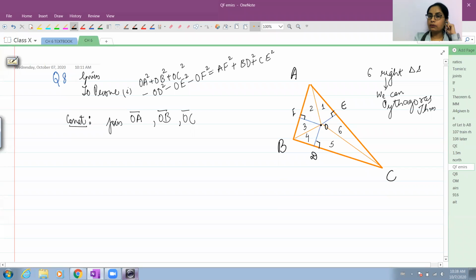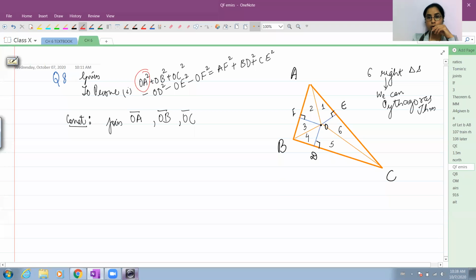So looking at the values which are used in the first part, identify the triangles that you would like to use. I'll give you a clue here. If you look at the triangles in which OA is a part, there are 2 triangles. One is triangle number 1 and the other one is triangle number 2. So out of these 2, we need to pick one. And which one we will pick will depend on the other values.